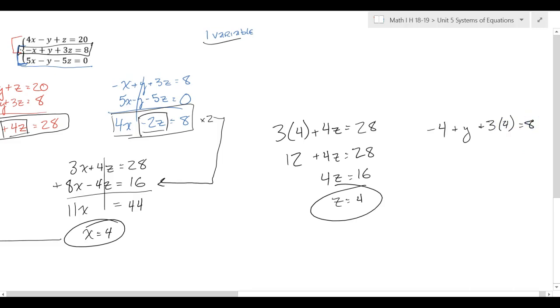Now, I simply combine these. I get negative 4 plus y plus 12 equals 8. I combine those and I get 8 plus y equals 8, and therefore y is 0. So my final answer is 4, 0, 4.